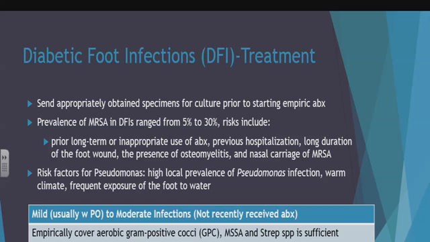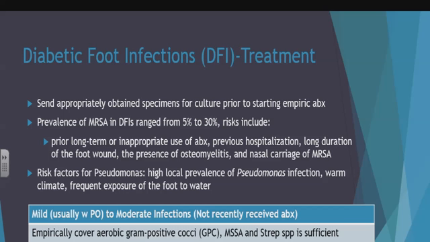I'm going to cover for MRSA in patients with prior long-term or inappropriate use of antibiotics, in patients who have had a previous hospitalization or a long duration of the foot wound, the presence of osteomyelitis, or if you have a nasal swab showing that you're colonized with MRSA. These are all risk factors that the diabetic foot infection could be caused by MRSA.